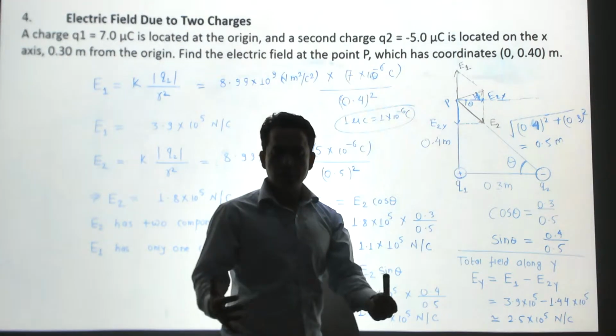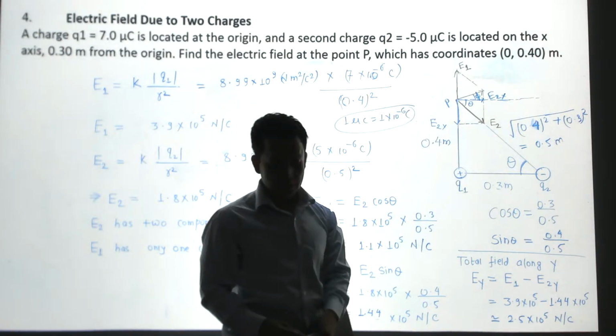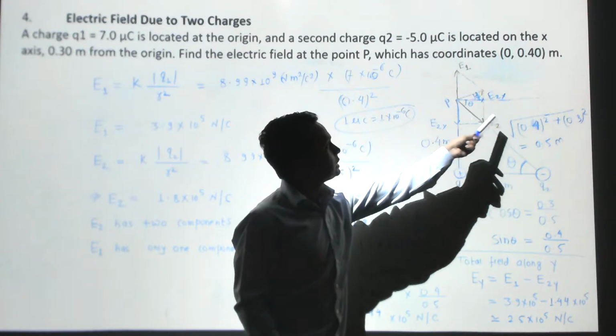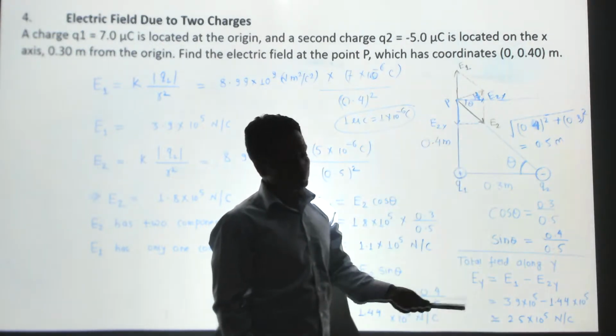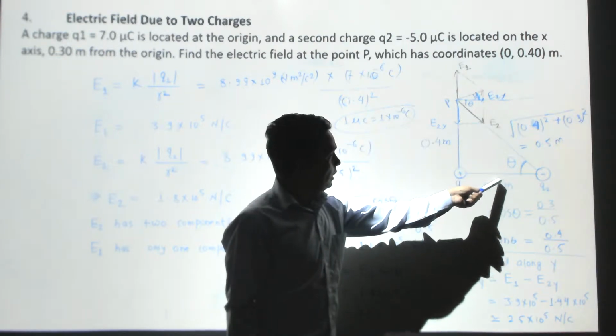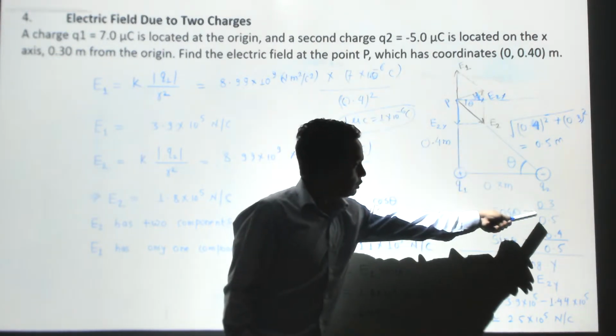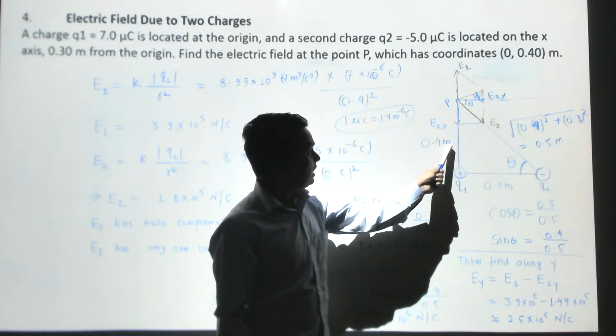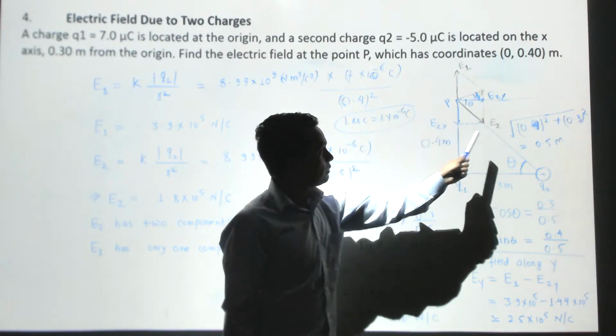I'm going to resolve this one into two components. Let's say this angle is theta. If this is angle theta, this angle is also theta. So cosine theta in this triangle is b over h, which is 0.3 over 0.5. And sine theta is p over h, which is 0.4 divided by 0.5.